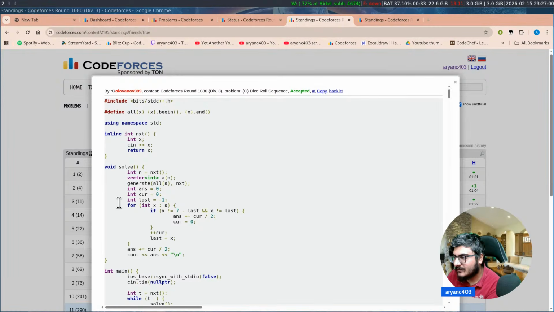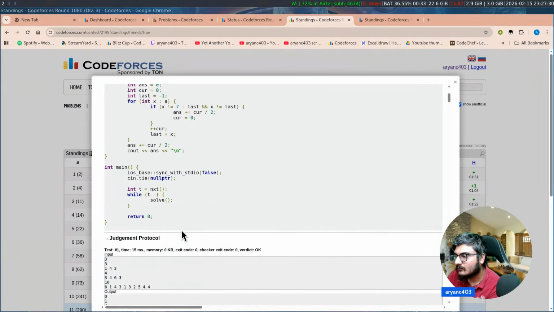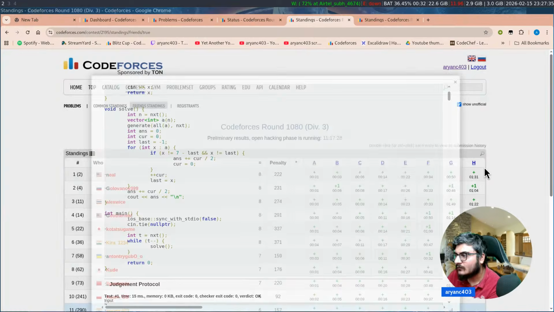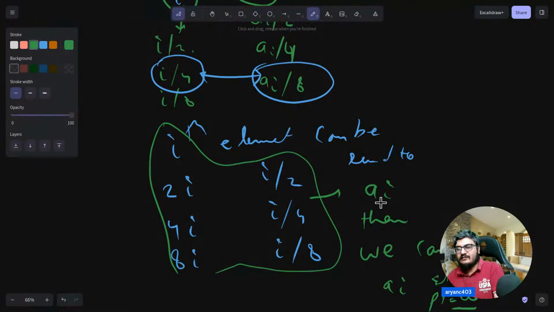Okay, the way people are doing it is they are finding consecutive groups, which doesn't hold true, and then they are dividing it by 2. Looks interesting. So one way people have solved it.